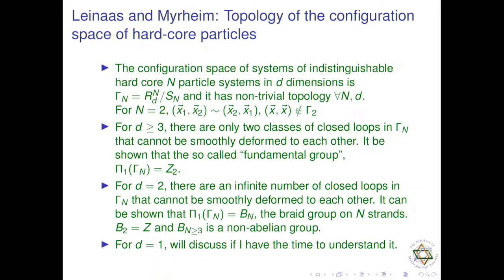And the corresponding group is called the braid group. So this is a braid group with n strands. For n equal to 2 particles, it's an abelian group, simply equal to the group of integers. But for n equal to 3 upwards, it's a non-abelian group.